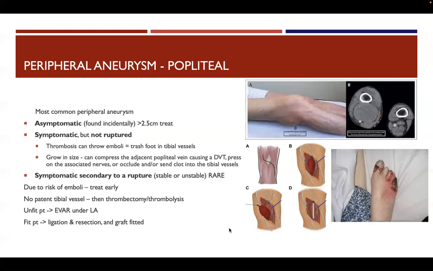They will then essentially create a pathway going around your aneurysm, but the aneurysm no longer has the blood flow going through it, so it doesn't expand, and you're then reducing the risk of rupture. You do have things called endoleaks. Have a read of that in your own time. That's just a risk if you go for the IR procedure. But very infrequently you'll see an open repair for this.